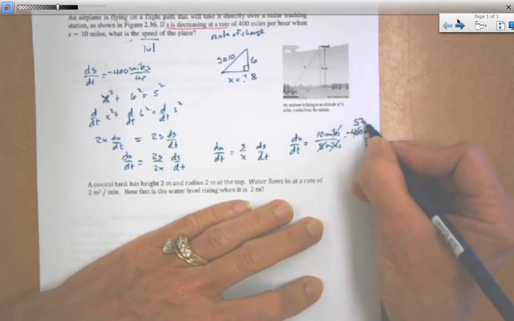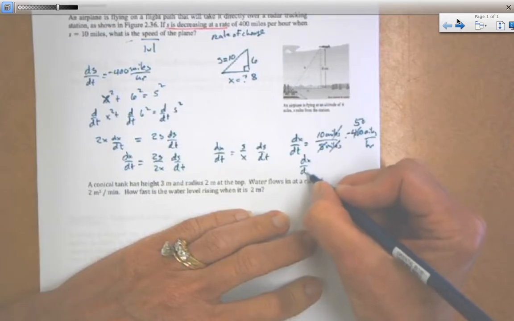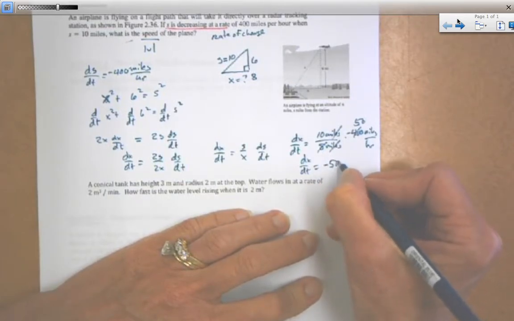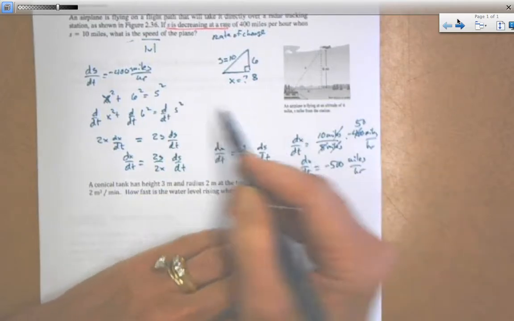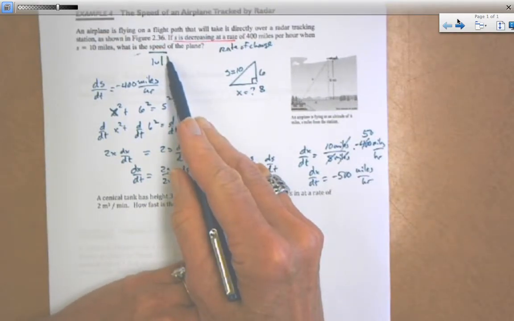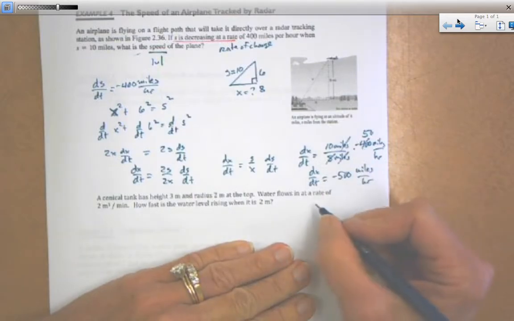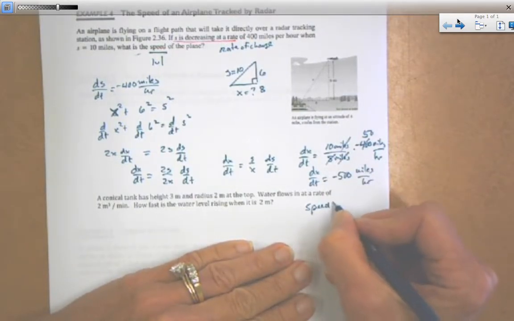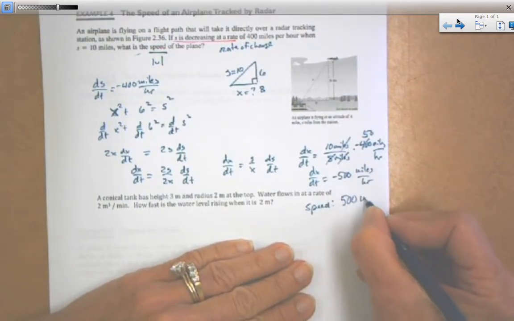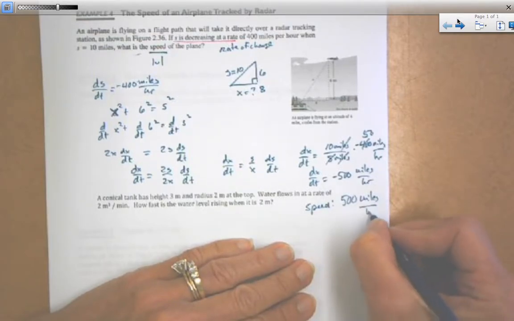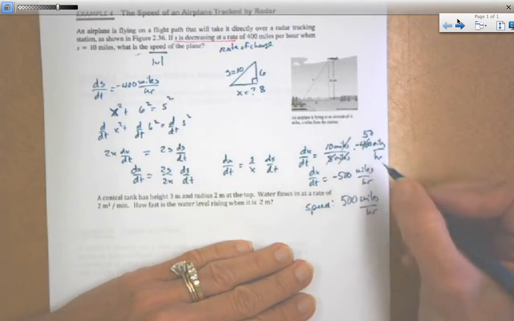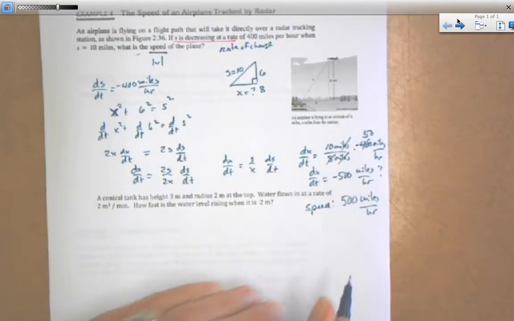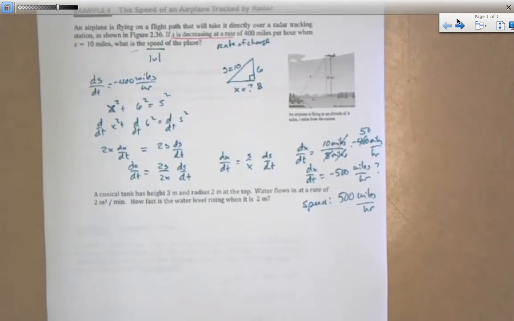Simplify a little bit more, so dx/dt equals negative 500 miles per hour. But because we said it was speed, that's the magnitude of velocity, we're going to take the absolute value of it. Its speed is 500 miles per hour. But it makes sense that this would be negative. Think about why, and we're probably going to see that on the homework note quiz tomorrow.